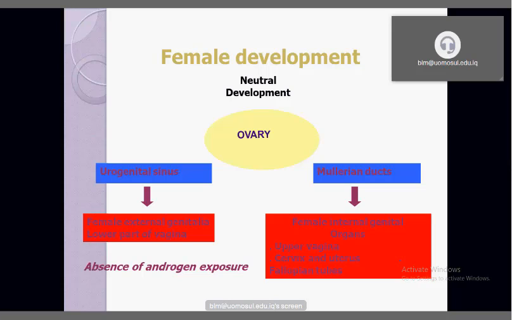What are the genital ducts? What are the names of the genital ducts that are present in the developing embryo?